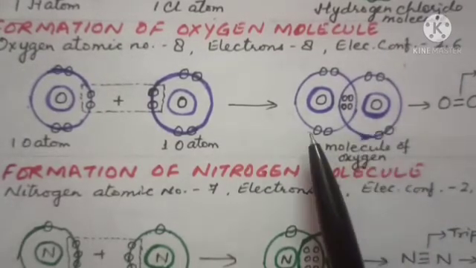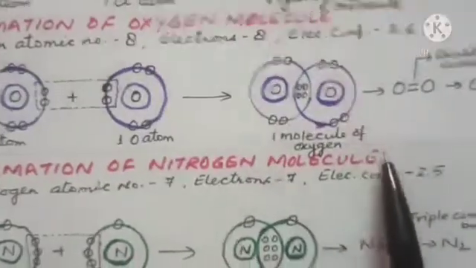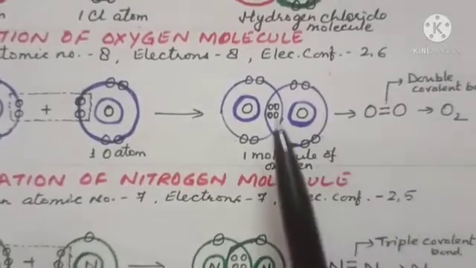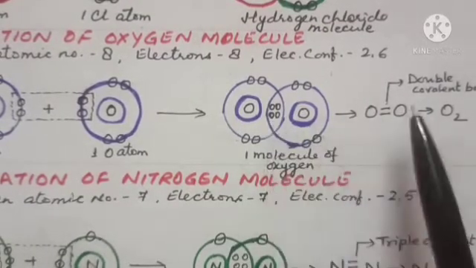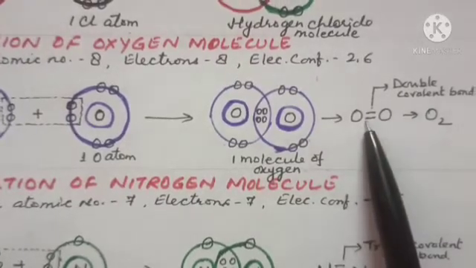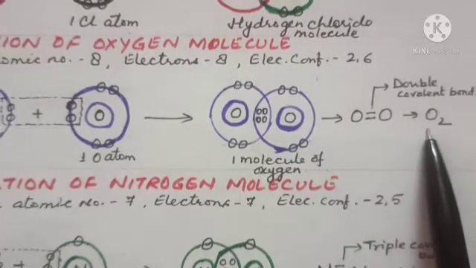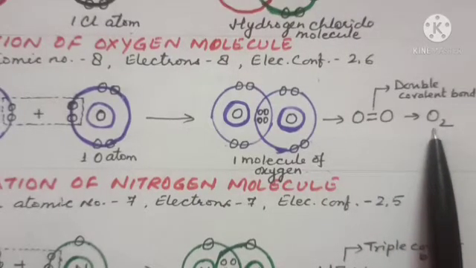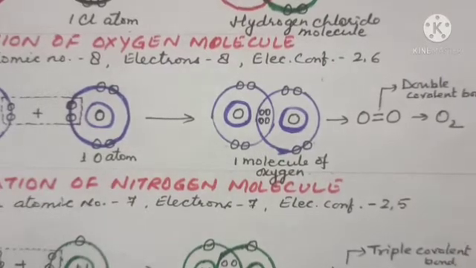So both atoms get a stable electronic configuration and they form one molecule of oxygen. Because they share 2 pairs of electrons, a double covalent bond is formed between 2 atoms of oxygen, and then they form one molecule of oxygen. Now let's see how the electron dot structure of the oxygen molecule is formed.